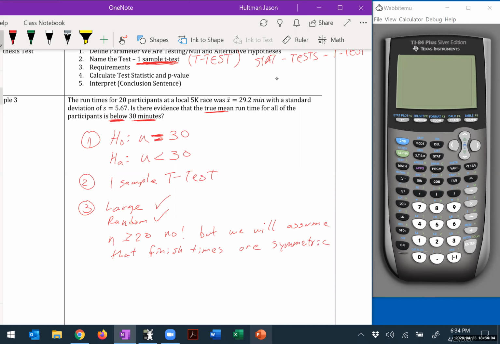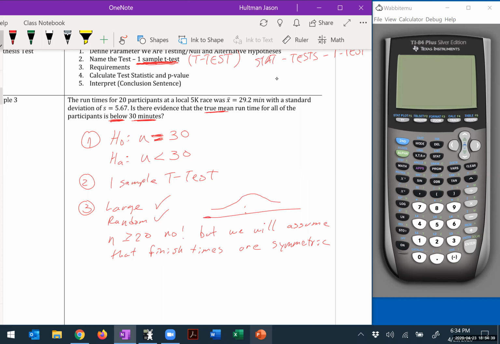So even though the sample size isn't big enough, we're still going to assume that you're going to have fast people and you're going to have slow people, and then a bunch of people in the middle. So we're going to assume that this will follow some sort of t distribution, not normal distribution, and we're going to continue on as if the sample size was larger than 30.